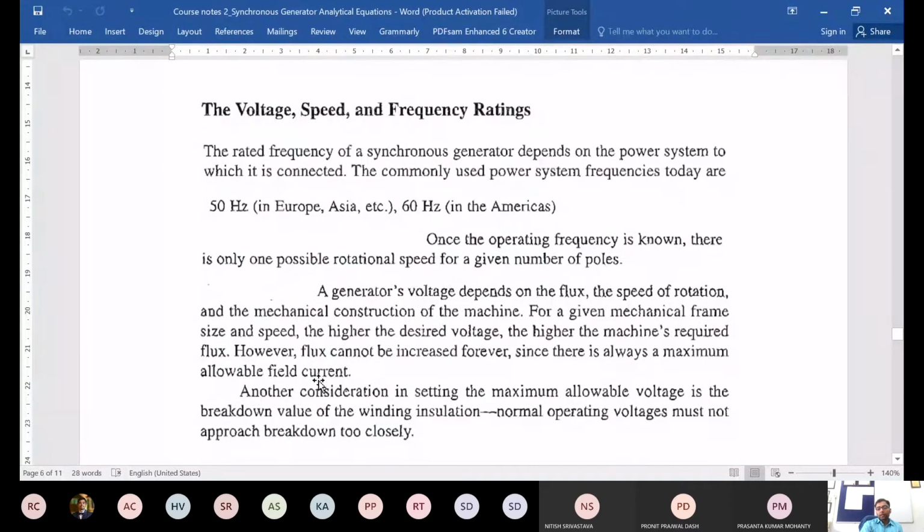Then another consideration in setting the maximum allowable voltage is the breakdown value of the winding insulation. Normal operating voltages must not approach breakdown too closely. So this is actually the limiting factor. We will look at it today, that this actually becomes a real constraint.